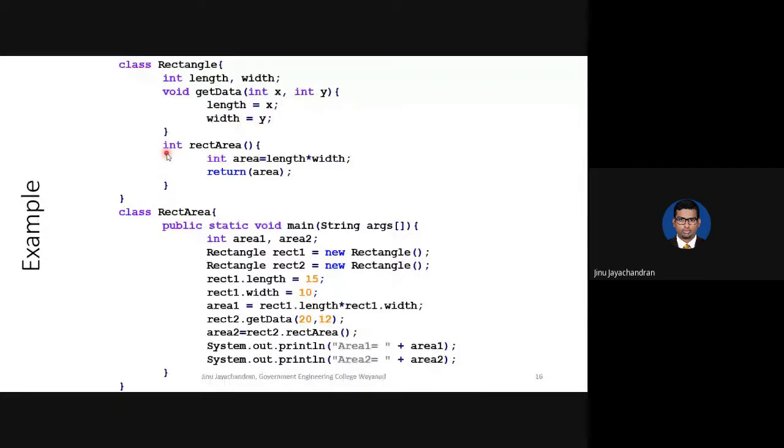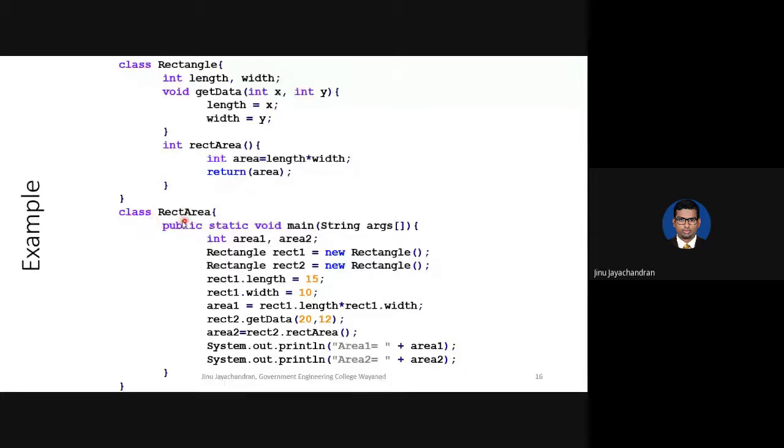There is another method called rectArea, which returns an integer value, and in this rectArea you are declaring a variable called area, of integer type, and calculating the area of the rectangle as length into width, and you are returning the area.